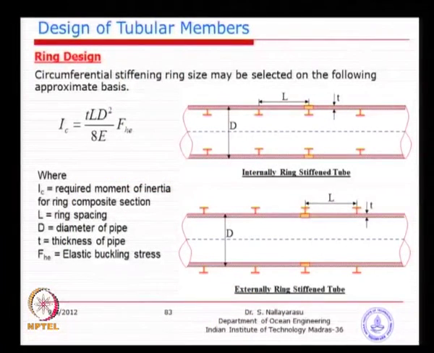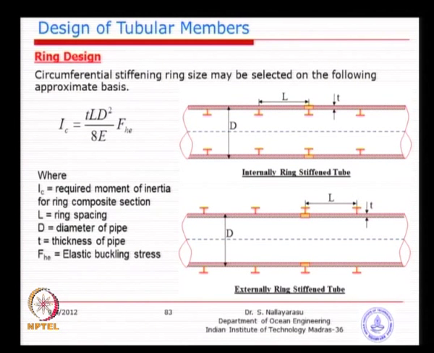So, in order to prevent that, you can see here what is being done. We can either provide internal stiffening by means of a ring, just a plate, or you can have external stiffening. This proves to be a more economical solution than simply increasing the thickness by double, for example 20 mm becomes 40 mm.